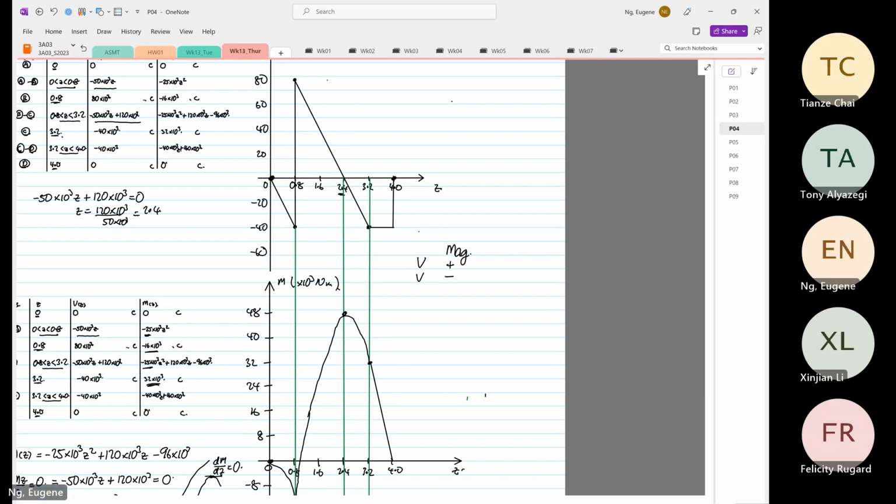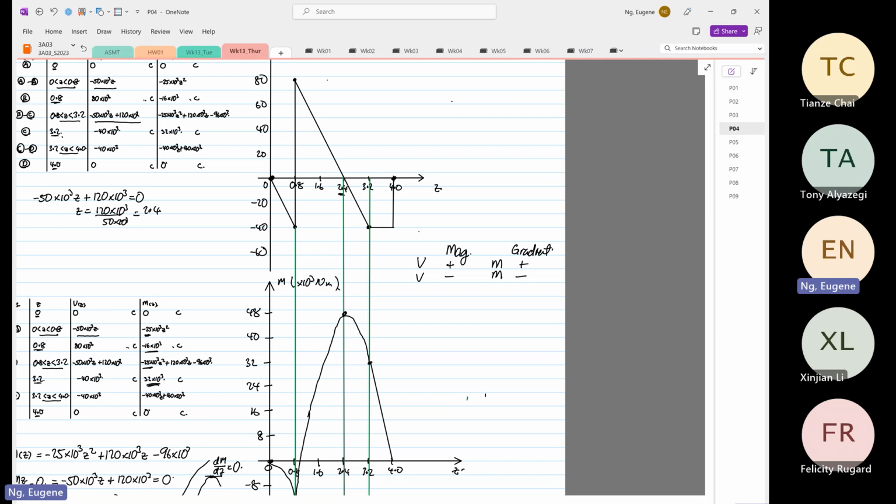In the bending moment diagram, it will affect the gradient. If it's a positive magnitude, the gradient is positive. If the shear force is negative, the bending moment gradient will be negative.